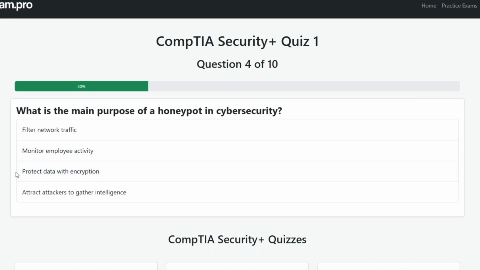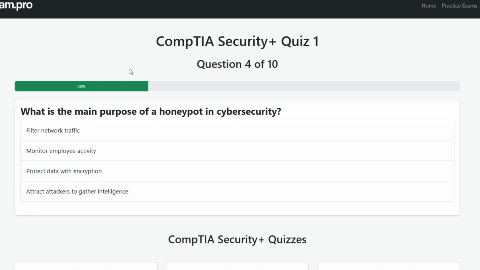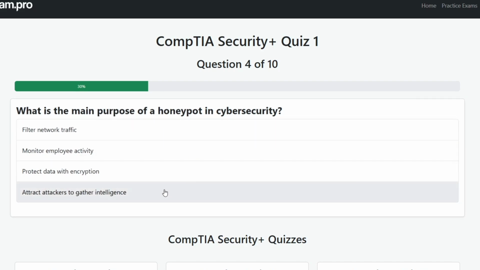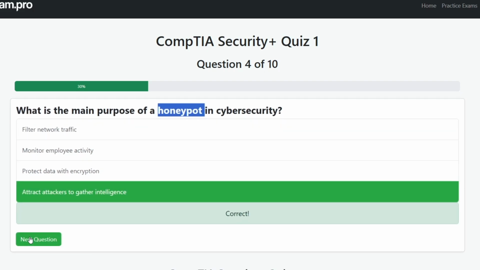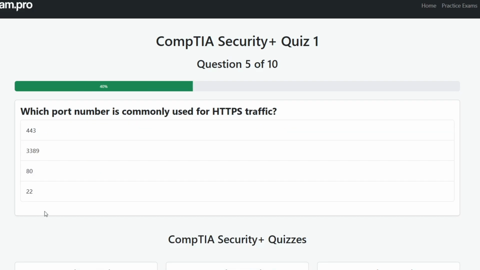While encryption does protect data, the purpose of a honeypot is not to protect data. What it really is meant to do is be a decoy for attackers. Essentially, you might open up a specific application to attract attackers, to gain intelligence on how they might attack, who it might be, where it might be coming from. So a honeypot is essentially a trap for attackers, and so that would be the correct answer.